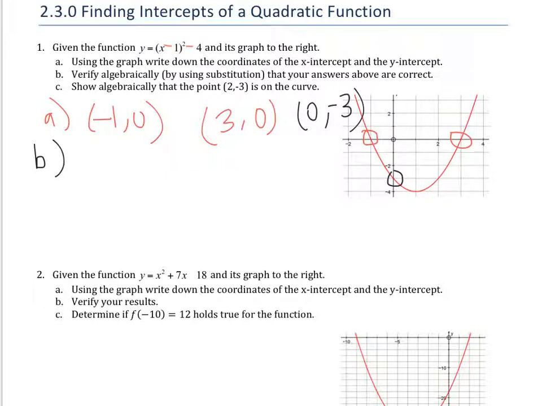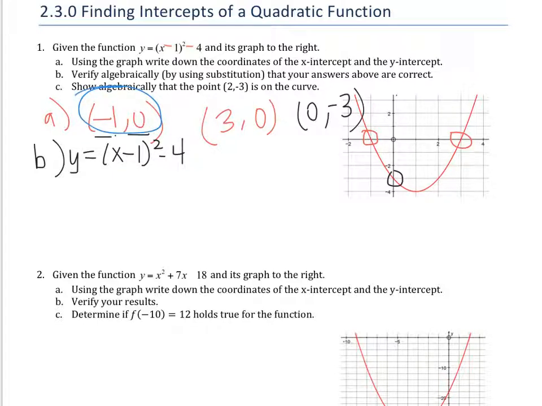So this is from the original equation. We have to substitute in our x and y values just to make sure that the equation holds true. So if I write y equals (x minus 1) squared minus 4, that's the original equation, I'll first substitute in my x-intercept.